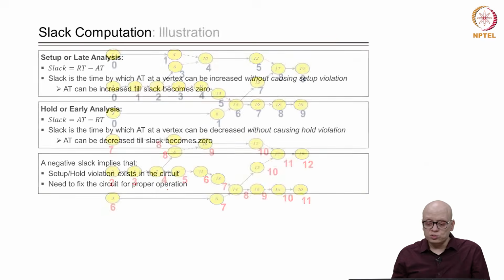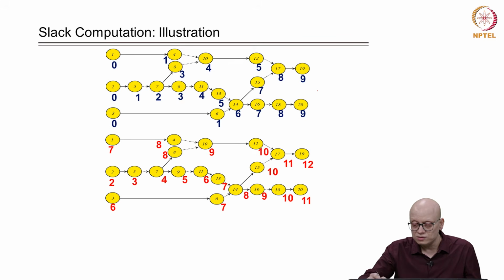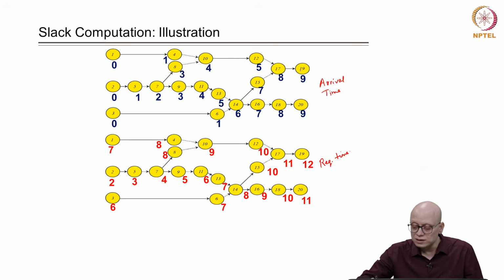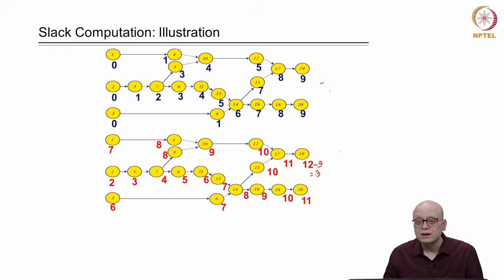Now, let us look into the example that we just saw. We already computed the arrival time for the timing graph, and we also computed the required time. Now, using these two values for each vertex, we can compute the setup slack at each of the vertices. For example, the setup slack at the vertex 19 is 12 minus 9 is equal to 3, right.